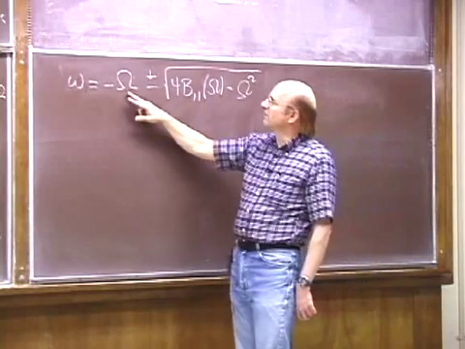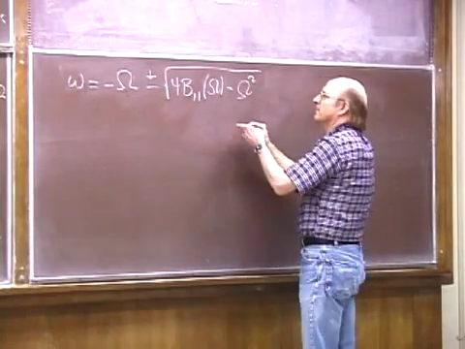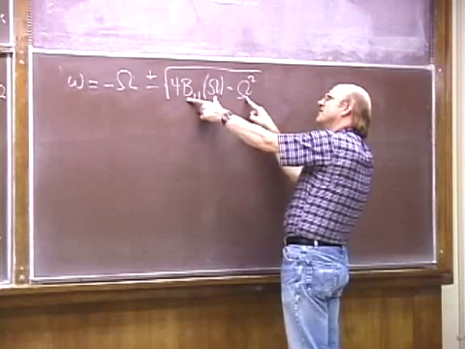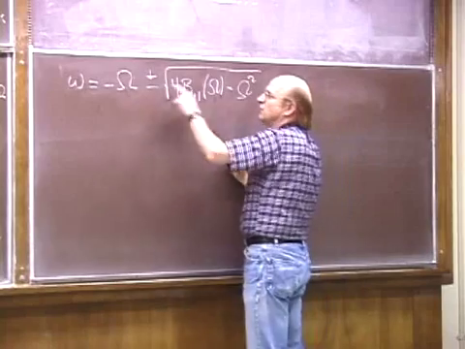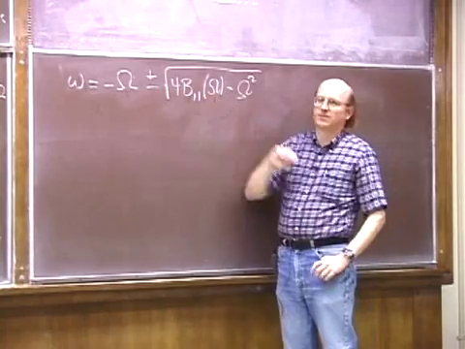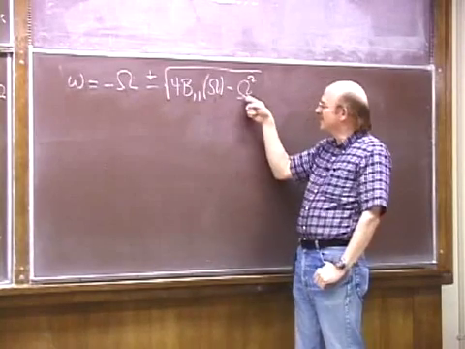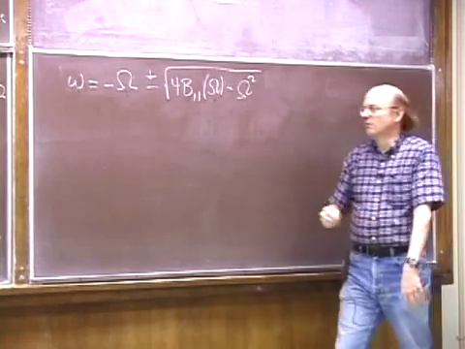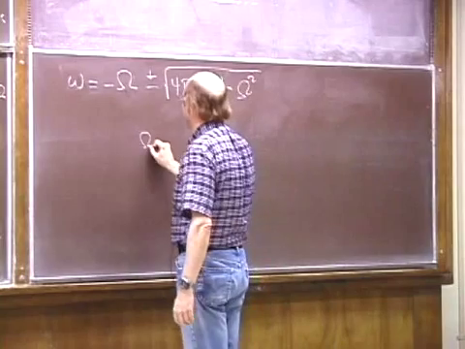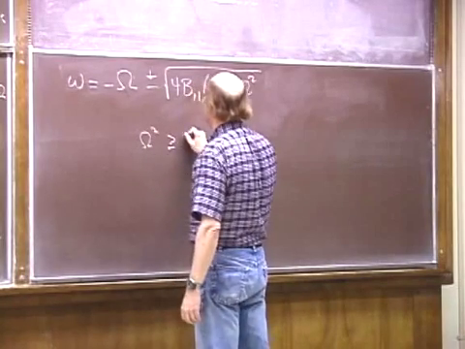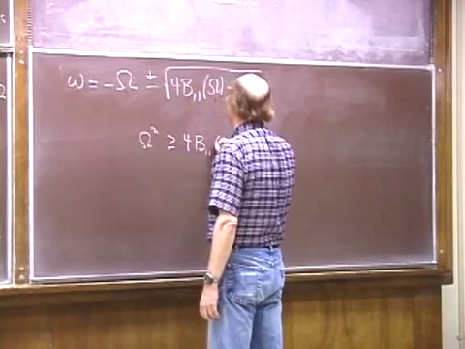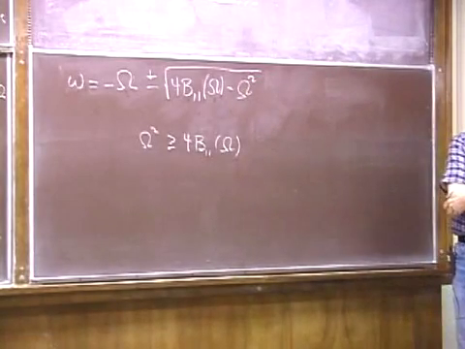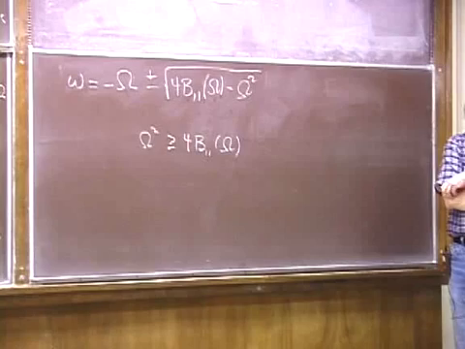Okay, as the angular velocity increases, this is some fixed constant at omega equals 0. As omega gets bigger and bigger, you have two real frequencies, which are the plus and minus of the square roots, until omega squared equals 4 B11. For omega squared greater than 4 B11 of omega, this frequency has an imaginary part.